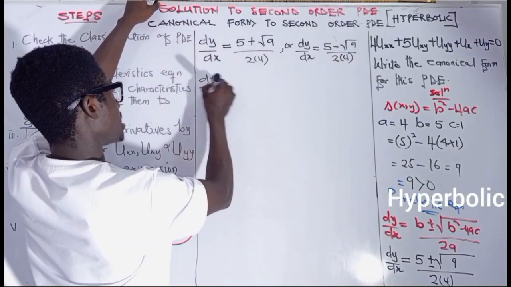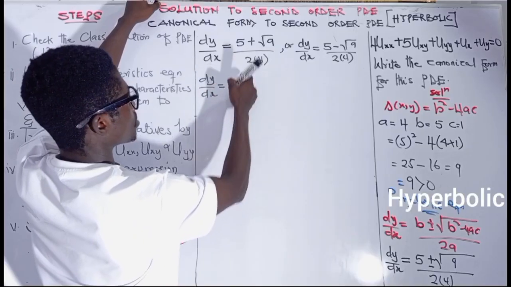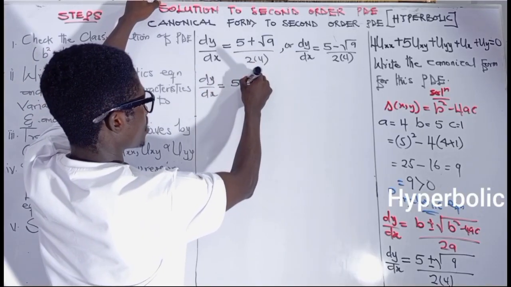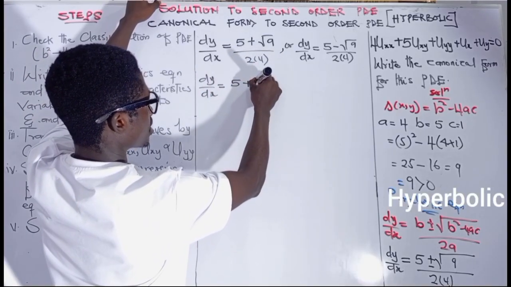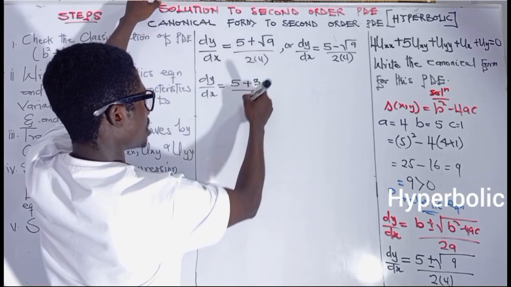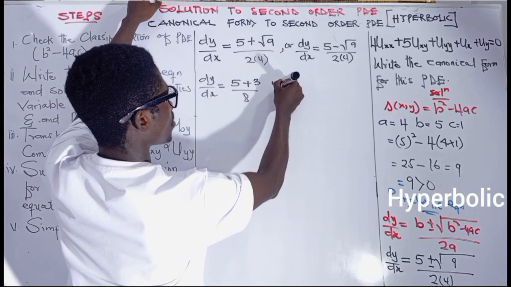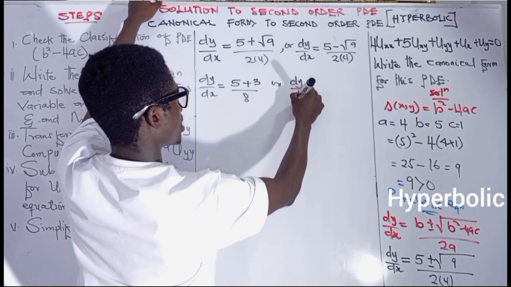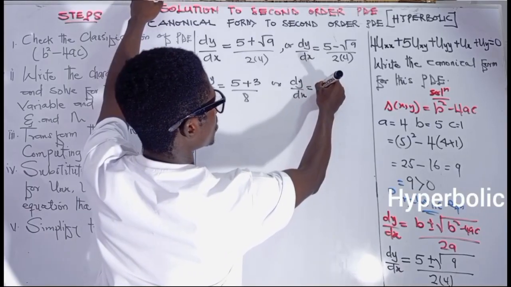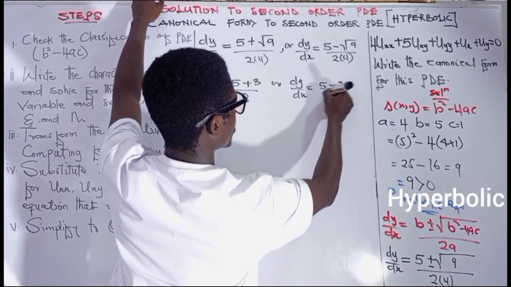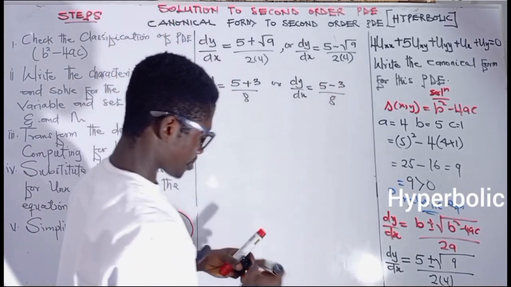So we have our dy/dx is equal to 5 plus root of 9, which is 3, all over 8. Then we have our dy/dx equal to 5 minus 3 all over 8.